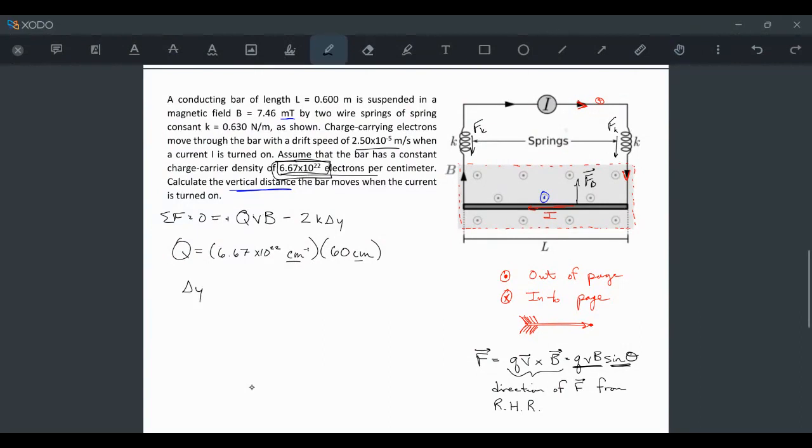What we want to solve for is delta y. So that's equal to capital Q VB divided by 2K. And since we have the room, maybe I will write it out. This question would be an exercise in keeping track of things that go into your calculator and managing a big input.